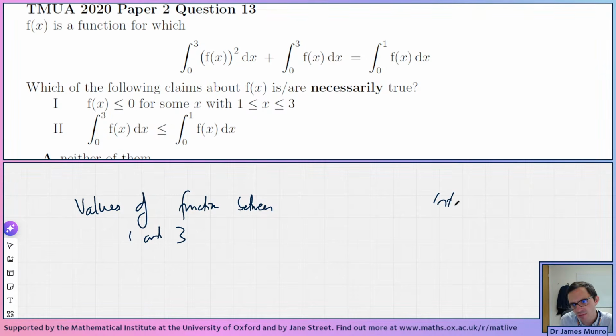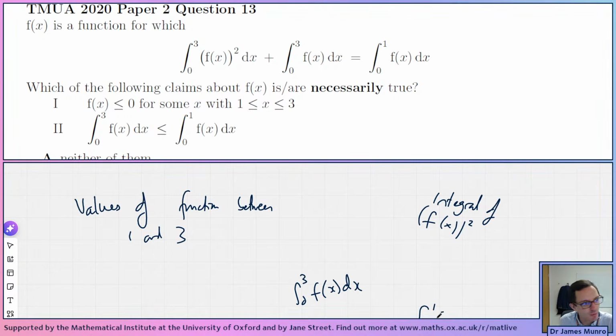There's an integral of f of x squared, and there is an integral from 0 to 3 of f of x dx, and an integral from 0 to 1 of f of x dx. These are the things in the question. And then, like in red string, we've got to connect up all of these things, right?